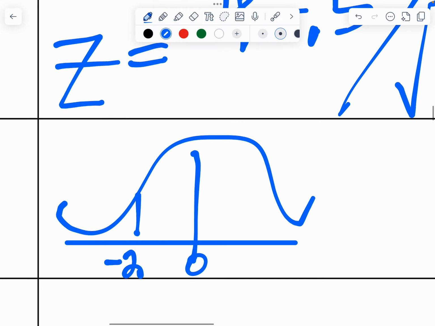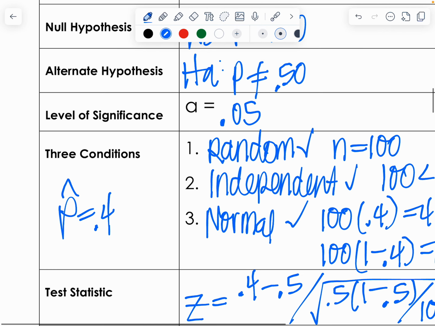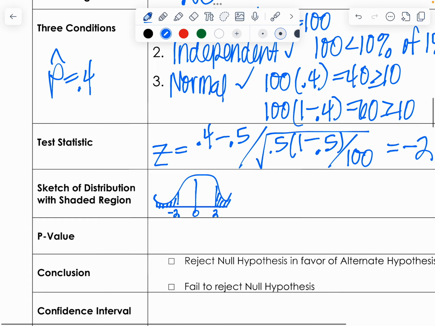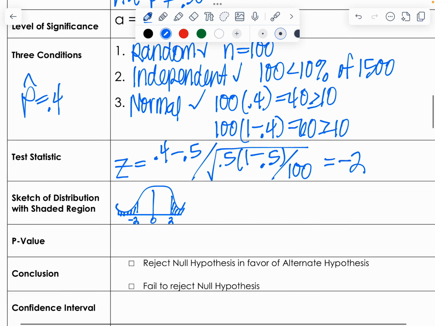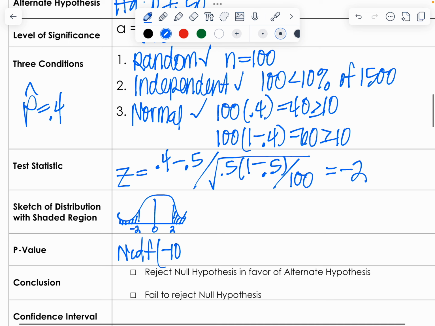All right, now here's an important thing. Remember here we did not equal to 0.5 as our alternate. So when we draw this, we're actually going to look at both ends. Right? Remember, if it's less than, we shade to the left. Greater than, we shade to the right. Not equal to, we shade both ends. So now when we use normal CDF, I just find the far left end, so negative 1,000 or 10,000 to negative 2.